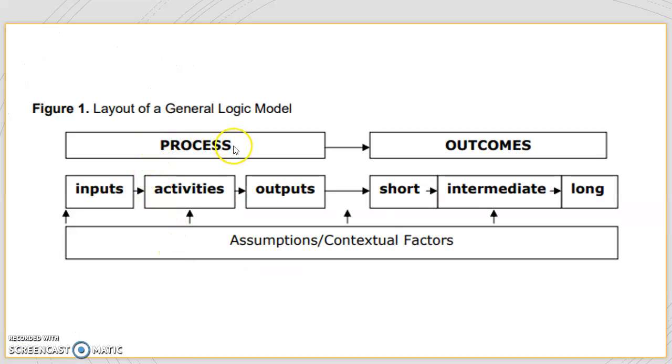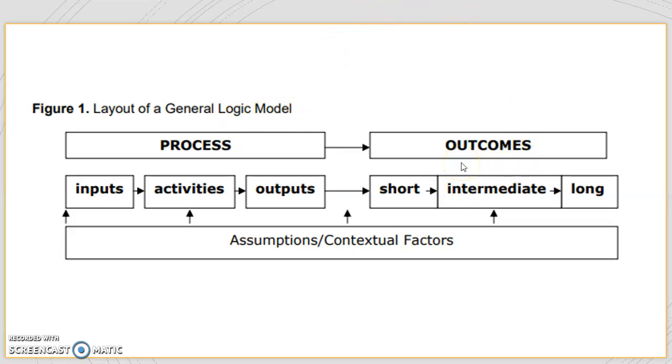Okay, so this is a layout of a general logic evaluation model. Now, the logic evaluation model is usually depicted graphically. It presents the shared relationships among inputs, which is the resources injected or invested into the program, activities, actions that occur because of that input, outputs, which is the result from these actions, and then the impact.